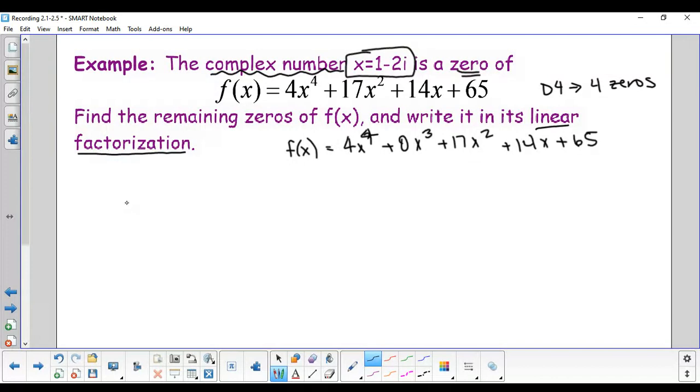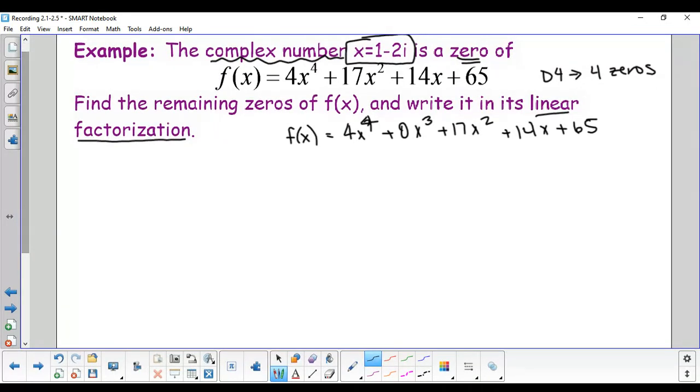Now, typically, we would start by listing our possible rational roots. However, because they're giving us a zero, we're going to start by doing synthetic division with what we know. One of our zeros is going to be x equals 1 minus 2i.